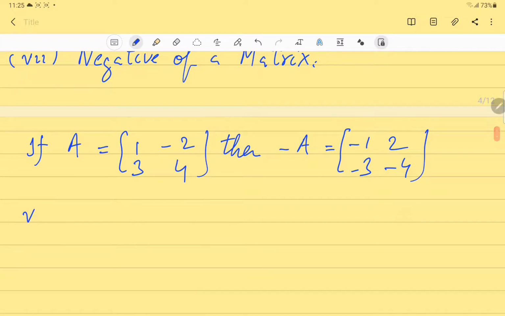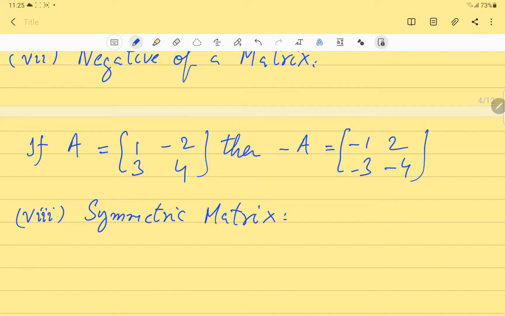We move on to our 8th type. The 8th type is the symmetric matrix. Now, what is a symmetric matrix? A square matrix is symmetric if it is equal to its transpose. That is, matrix A is symmetric if A is equal to A transpose.